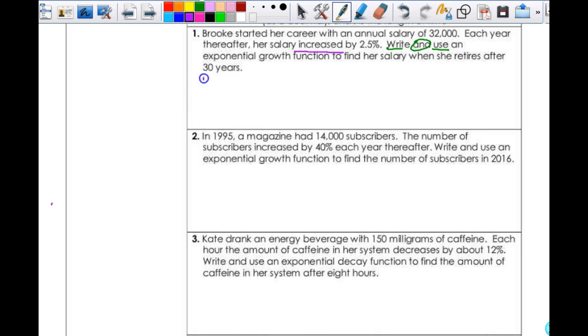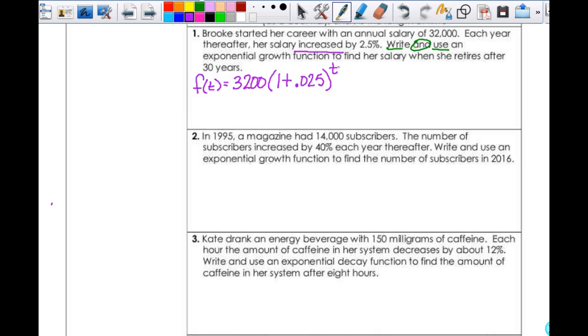So f of t is going to equal, what's her initial salary? $32,000, okay, times 1 plus, what's the rate? 2.5, so I write 0.025, right, to the t power. So that's my f of t function. That is me writing that exponential growth function.